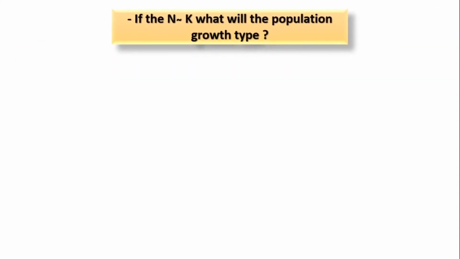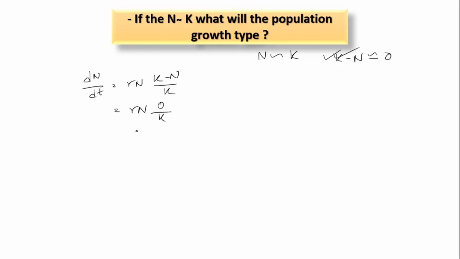And if N approaches its carrying capacity, then K minus N would be almost 0. Again, if we put this value in our logistic formula, dN/dt equals rN into (K minus N) by K, here K minus N is 0, 0 by K is again 0, and 0 into something is again 0.